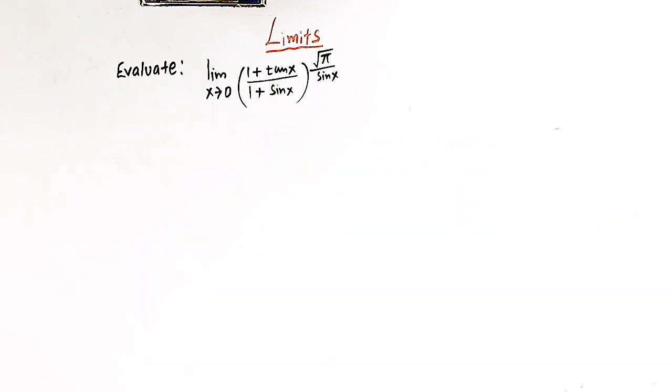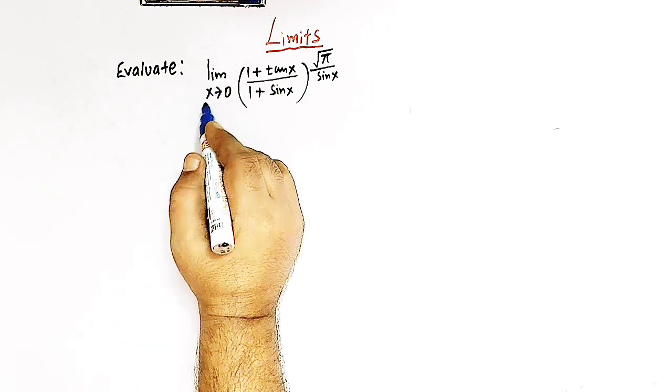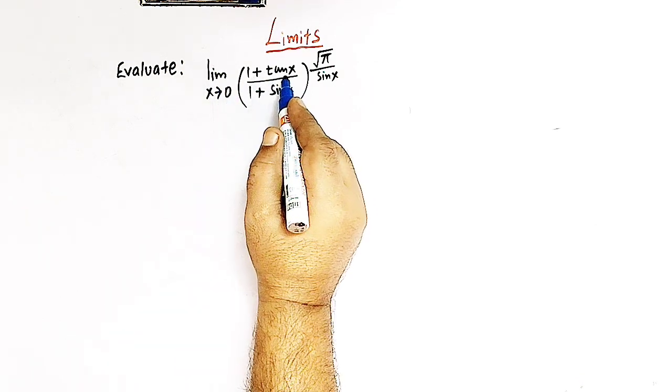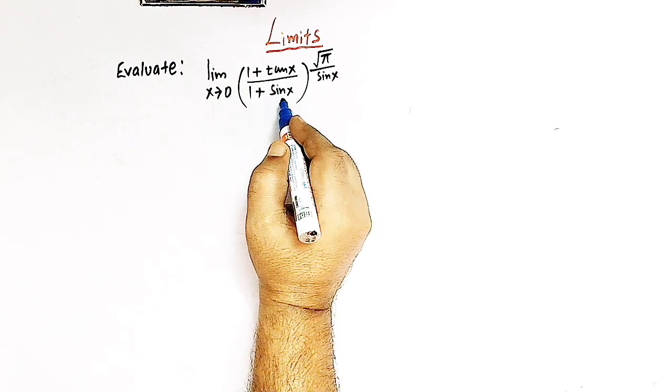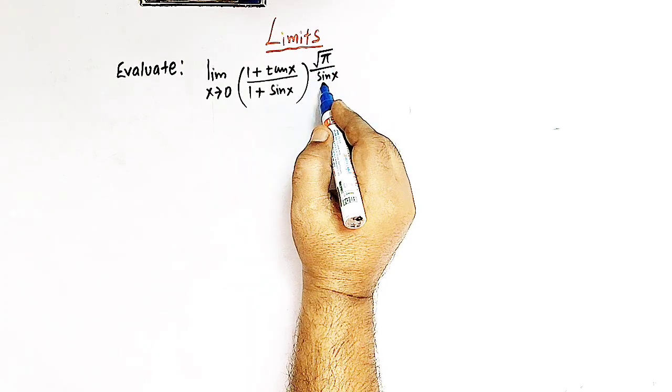So the value of this limit L is equal to e raised to 1 over 2 pi. So now let us consider one more example. Let us consider this limit x tends to 0, (1 plus tan x divided by 1 plus sin x) raised to square root of pi divided by sin x.